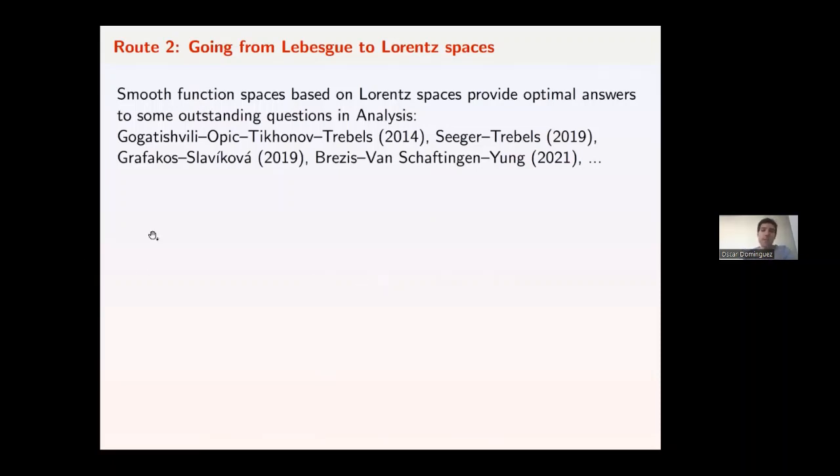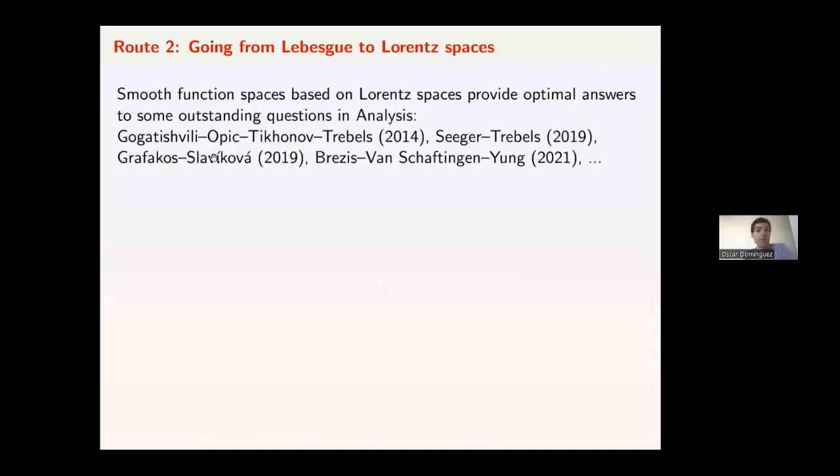For instance, let me mention only a few references. Gogatishvili, Opic, and Trebels obtain a wide variety of Ulyanov type inequalities using Lorentz and Lorentz-Zygmund spaces. Seeger and Trebels obtain a full characterization of embeddings between Besov and Triebel-Lizorkin spaces based on Lorentz spaces.